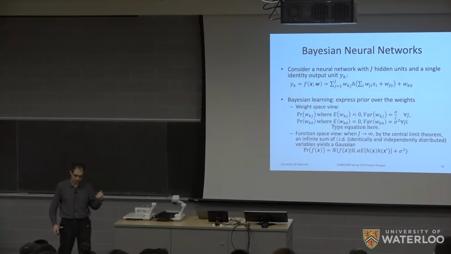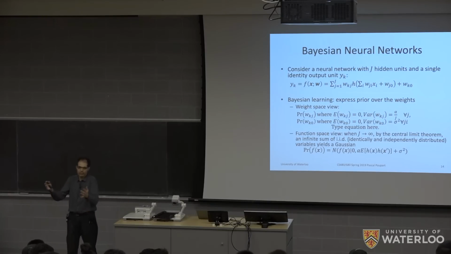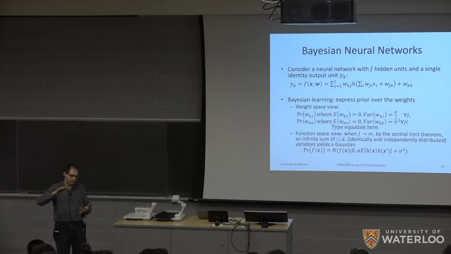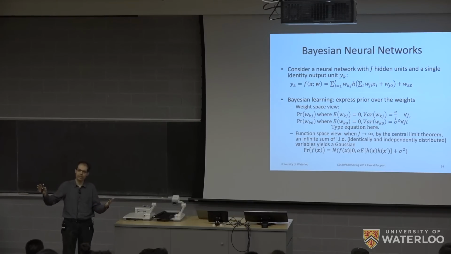Okay, so to show this connection, the idea is that we're going to treat our neural network as a function. When we optimize a neural network, we're essentially doing some form of regression if we're fitting continuous data, and then the neural network is encoding a function.